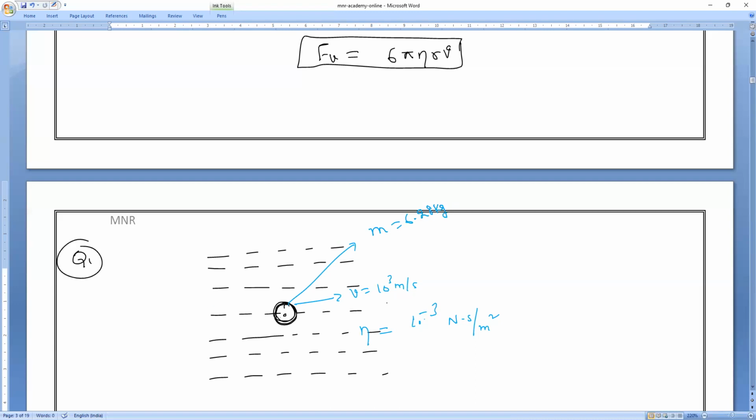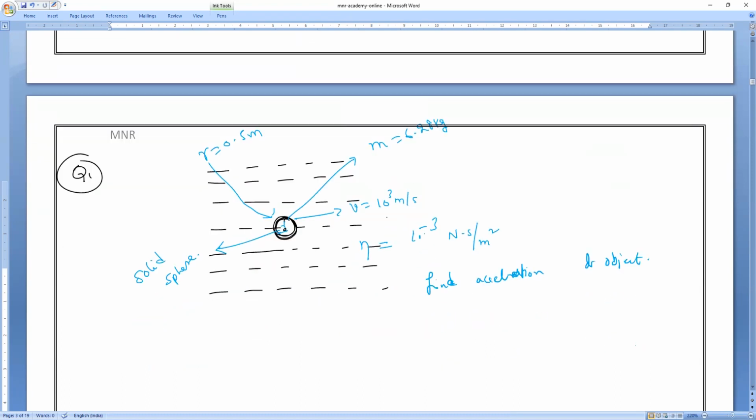Radius R is 0.5 meters. The given object which is immersed is to be considered a solid sphere. The question is: find the acceleration of the object.